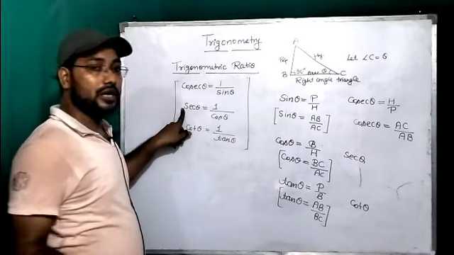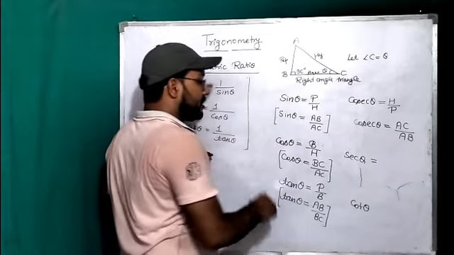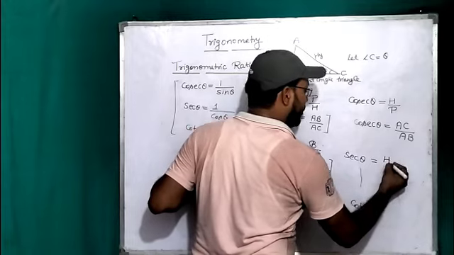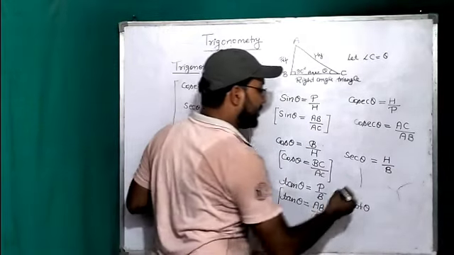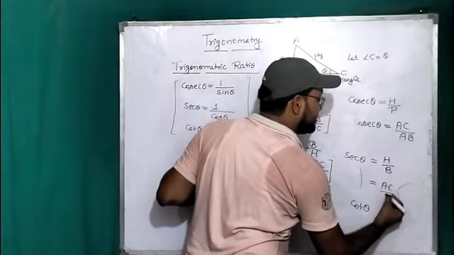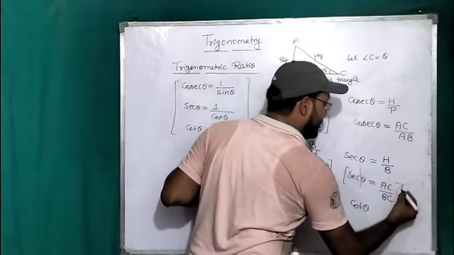Now sec theta is the inverse of cos theta, so sec theta will be hypotenuse upon base. The hypotenuse in this triangle is AC, while the base is BC, so sec theta is equal to AC upon BC.